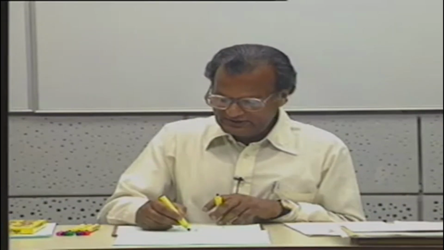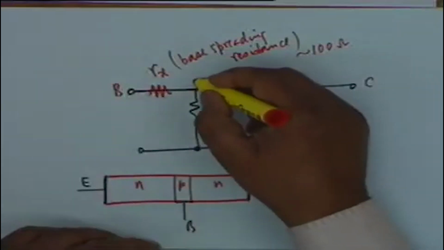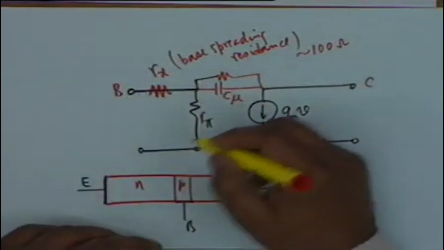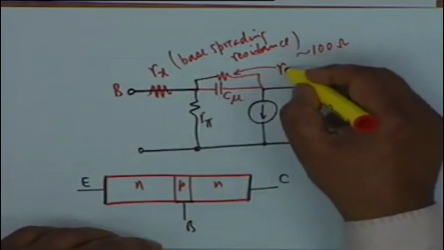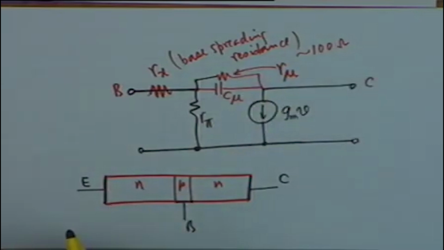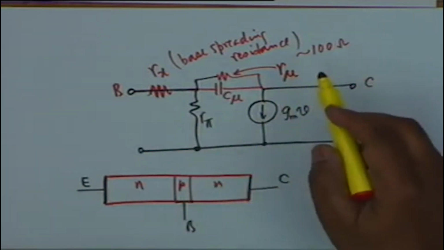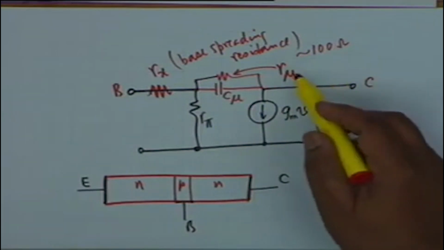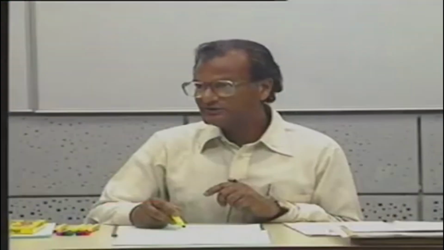Unfortunately, it is not a pure capacitor. There is also a conduction current, and this conduction current is usually represented by a resistance in parallel with C mu, and it is called R mu. R mu is usually very large, of the order of several megs, and in usual circuit considerations, R mu can be ignored compared to 1 by omega C mu.